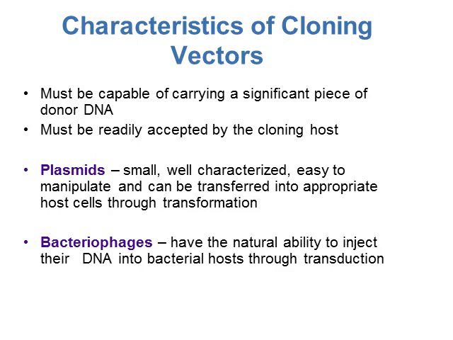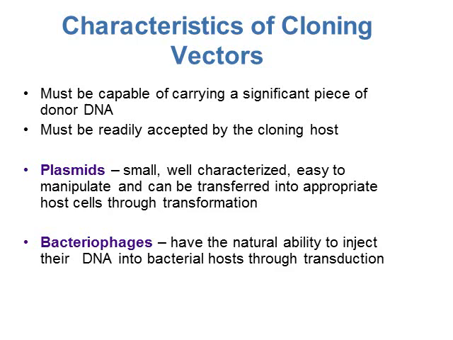Now, the characteristics of these cloning vectors. The vector must be able to carry a significant piece of donor DNA. A vector, remember, is that plasmid, the round piece of DNA. So the vector has to be able to carry our DNA of interest, and it has to be readily accepted by the cloning host.